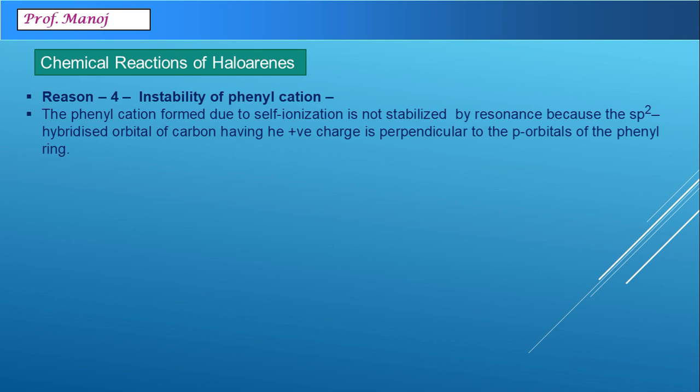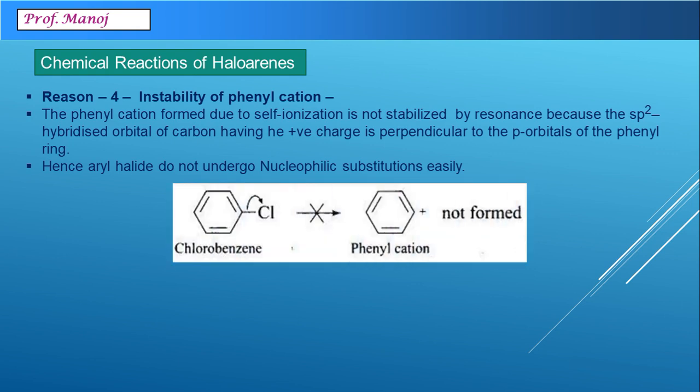But if you apply that knowledge here and try to make a phenyl cation, it will not be stabilized by resonance because the sp2 hybridized orbital has the positive charge which is perpendicular to the p orbitals of the phenyl ring. That is why resonance is not possible and nucleophilic substitutions are impossible. The reaction which I am showing here, understand, it's not possible.